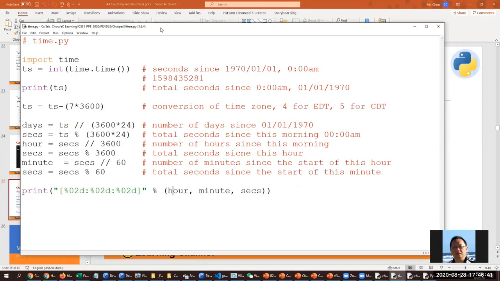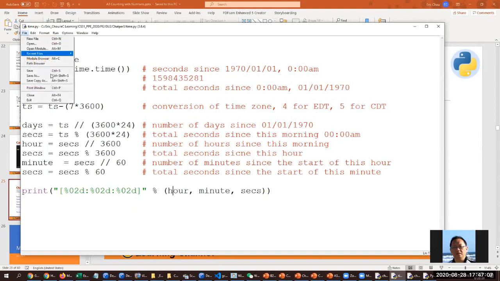Using these two programs, what we really learned from here: integer division and taking the modulus. And we used that on two problems. One is getting change. One is conversion of time, from timestamp to our time.